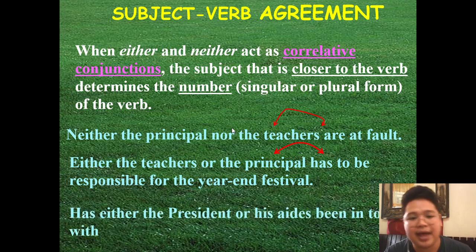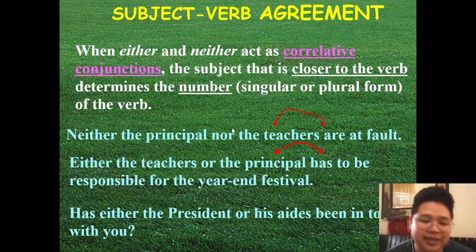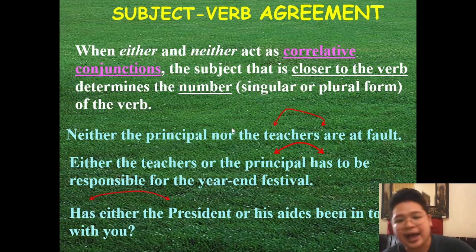Last example: has either the president or his aides been in touch with you? Okay, so in this sentence, the nearer subject here is the president. So the verb that is used in the beginning of the sentence is has.